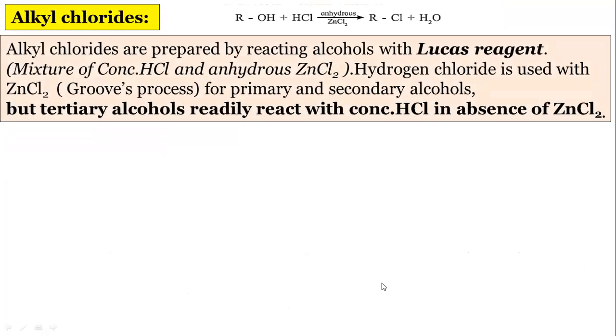In detail we will discuss first chlorides and then bromides. First alkyl chlorides. Alkyl chlorides are prepared by the reaction of alcohol and hydrogen chloride, HCl. But with only hydrogen chloride the reaction does not take place, because for the primary and secondary alcohols we have to use a catalyst, that is ZnCl2. A mixture of concentrated HCl and anhydrous ZnCl2 is very important.